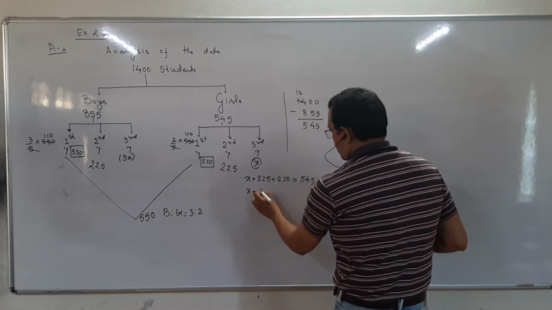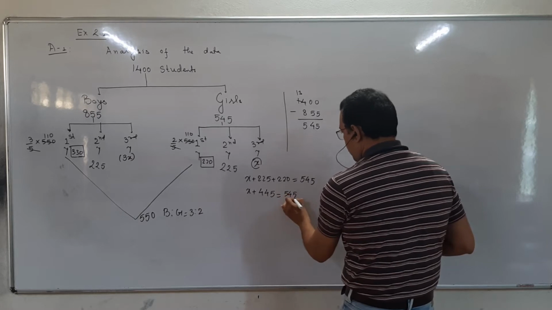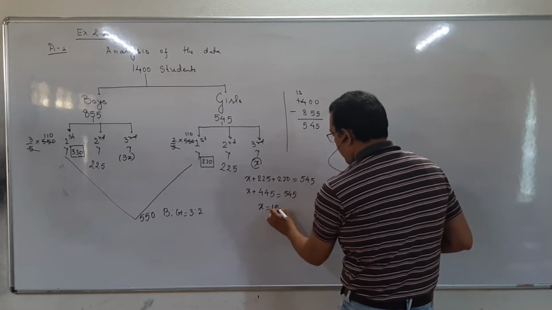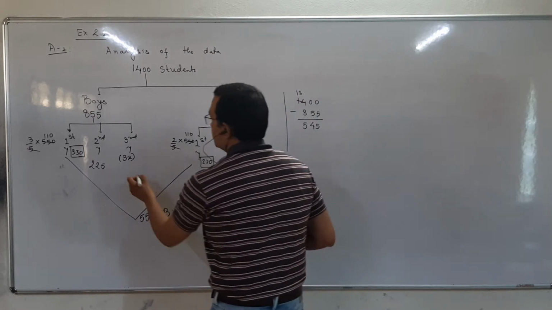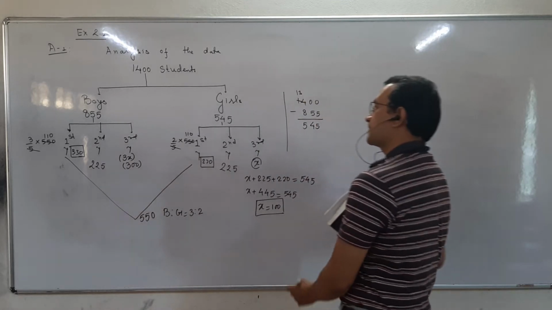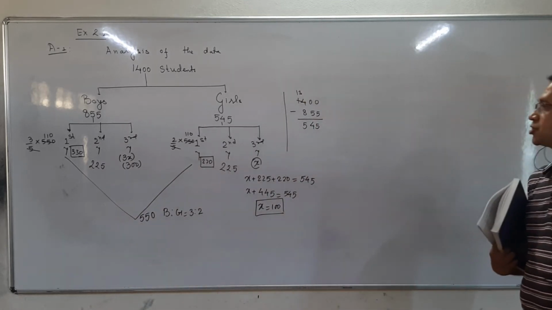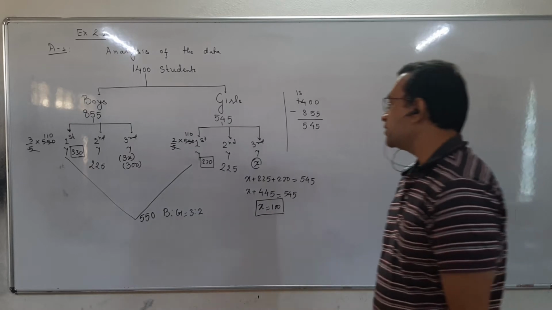This is x plus 445 is equal to 545. So x will be 545 minus 445, which is 100. So boys are 300, that's all. Check the total will match. 330 plus 300 will be 630, plus 225 will be 855.